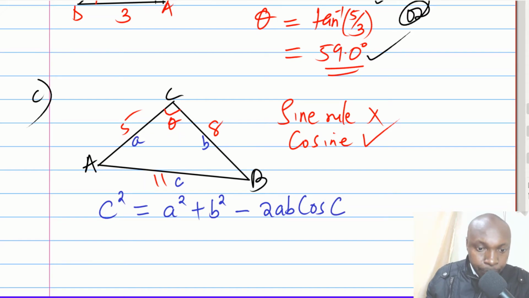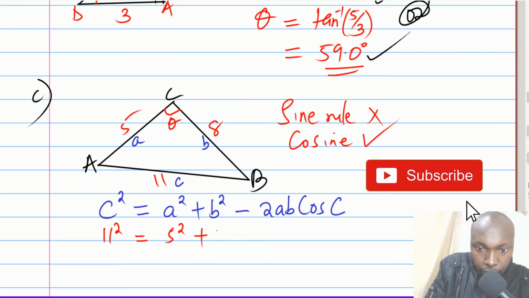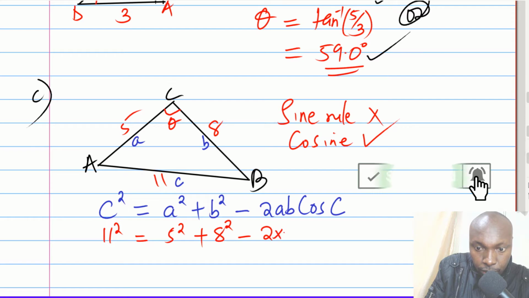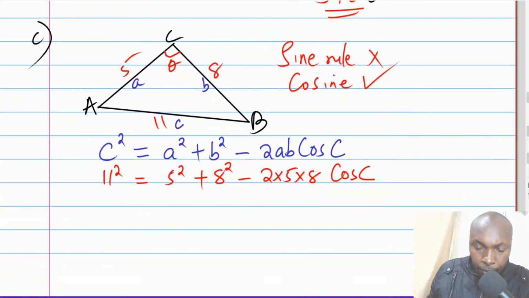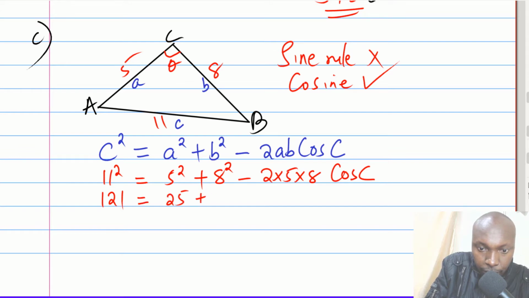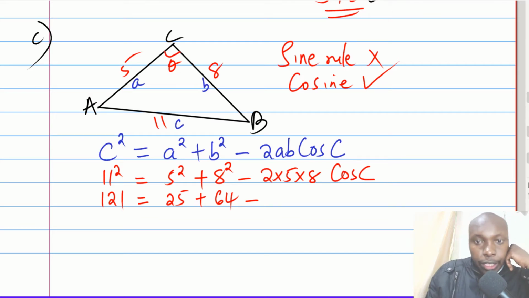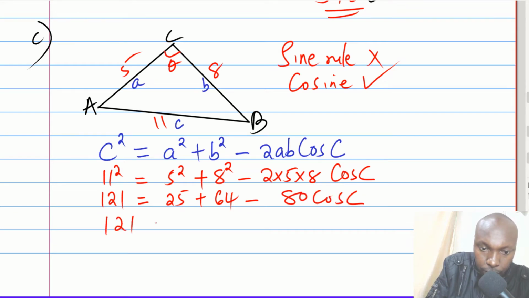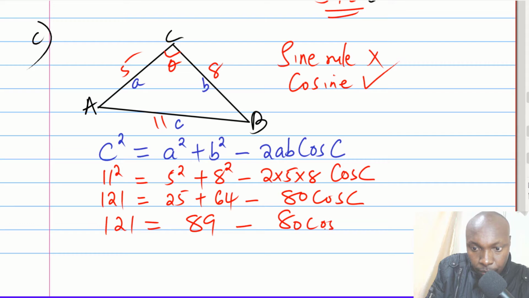So substitute these. c squared will be 11 squared, equal to a squared, which is 5 squared, plus b squared, which is 8 squared, minus 2 times a times b, which is 8, times cosine of C. So simplifying, 121, that is 11 squared, equals 25 plus 64, that is 8 squared, minus 2 times 5 times 8, which gives 80 cos C. So 121 is equal to 25 plus 64, which gives 89, minus 80 cos C.